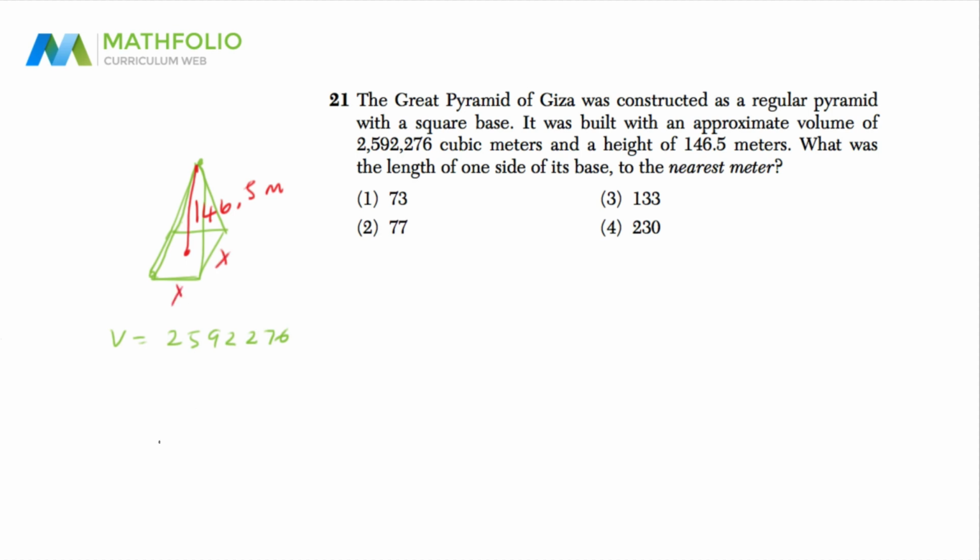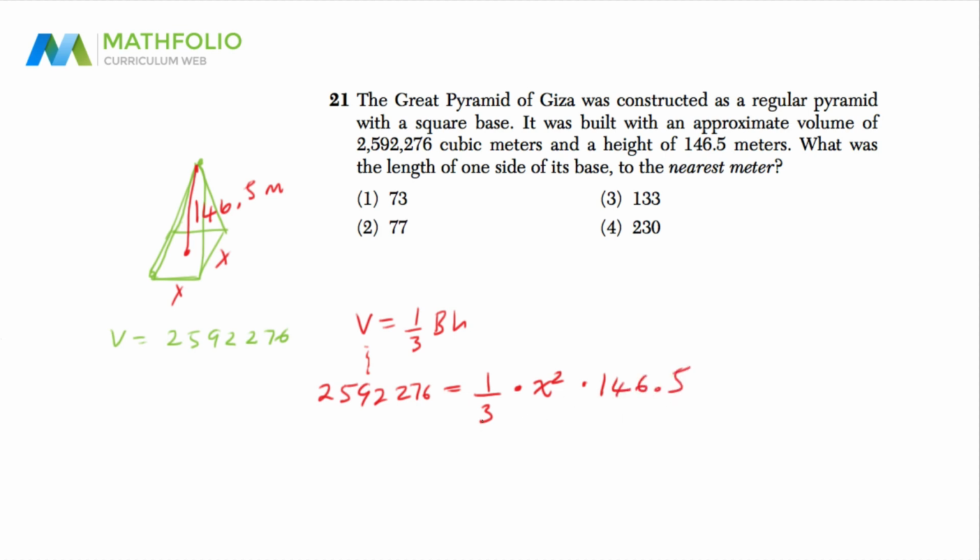This is also x. So we know for this shape volume equals 1/3 base area times height. So now we've got 2592276, which is the volume, equals 1/3 times base area, which is, well, it's a square, so it's x squared, x times x, times height, which is 146.5.